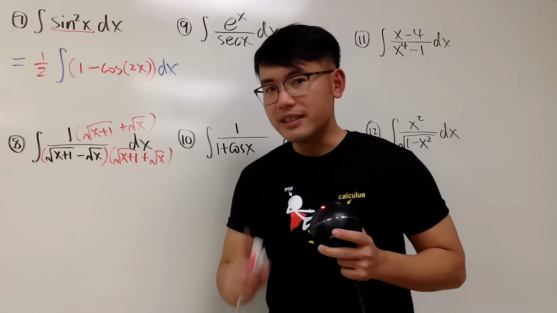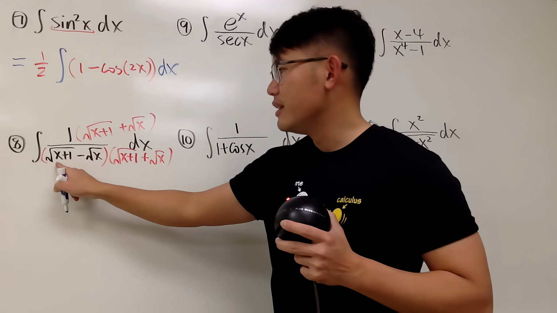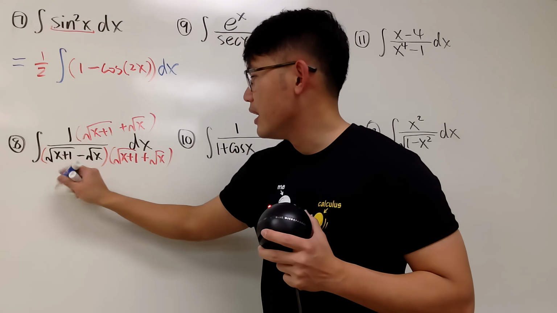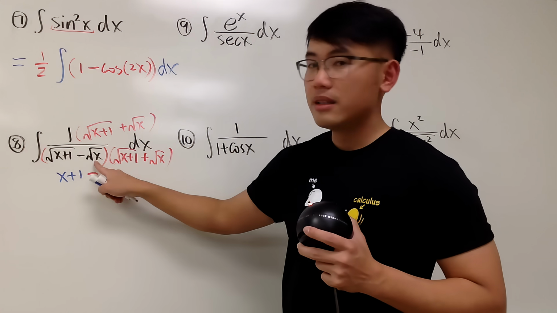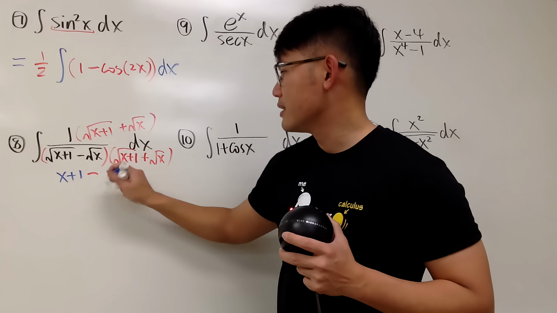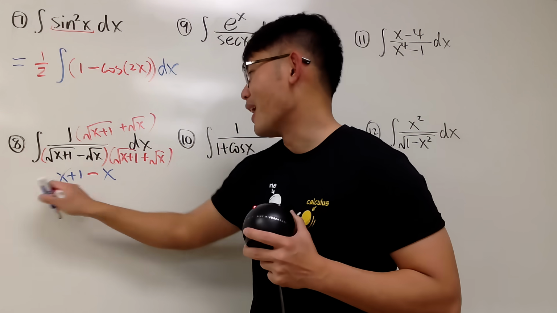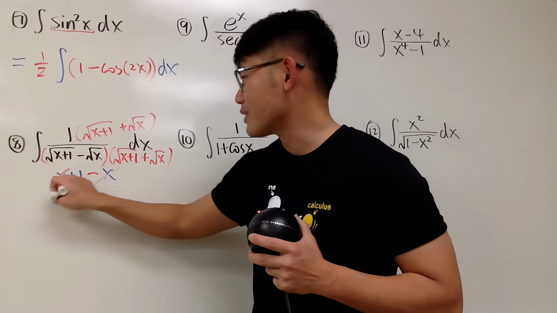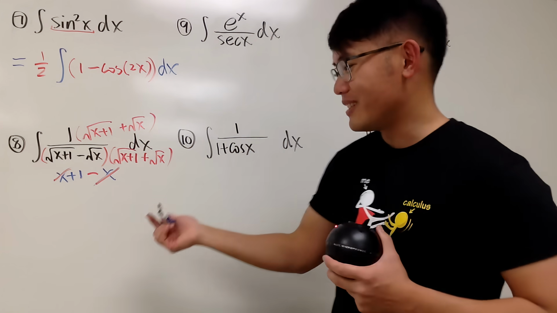And the beauty of this is that when you multiply this and that, remember, we end up with this thing squared, which is just x plus 1, and then minus this square, which is just x. And you see, x minus x is just gone. And then, of course, we have the plus 1, and you have this over 1. Of course, the over 1 doesn't matter.